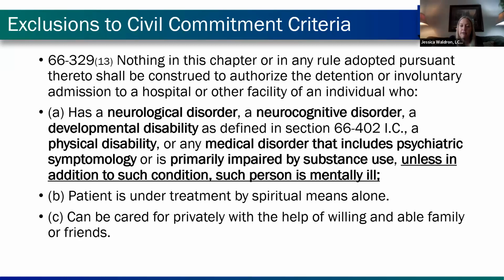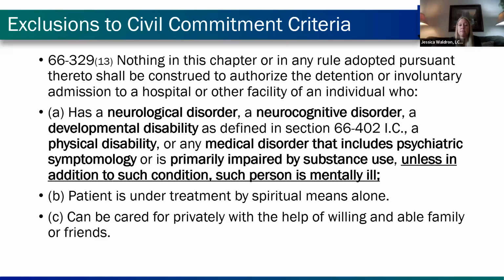And then obviously this: impaired primarily by substance use. So that is something that the state of Idaho excludes. If somebody has a primary substance dependence problem and they don't have a co-occurring mental health condition, that does not meet commitment criteria.